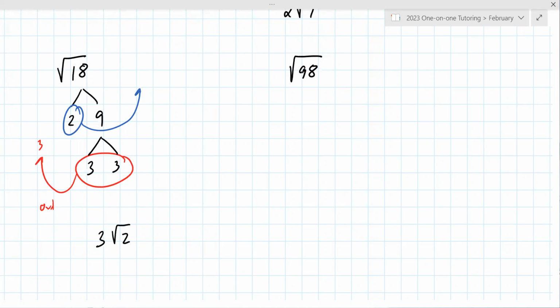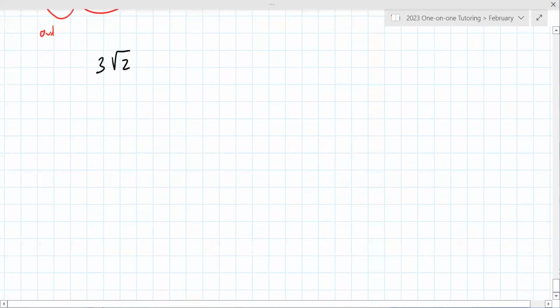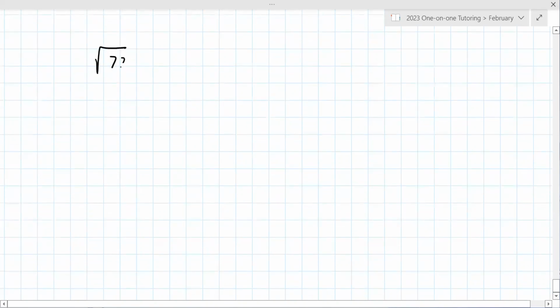It would be 7√2. Yeah, 7√2. Good. Okay. Another possibility is you get a scenario where, and I'll do it with this one, the square root of 72. You can have more than one pair. So there's 2 and 36, 2 and 18, 2 and 9, 3 and 3.